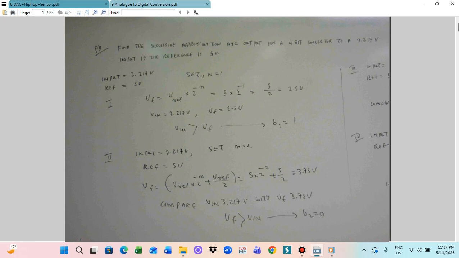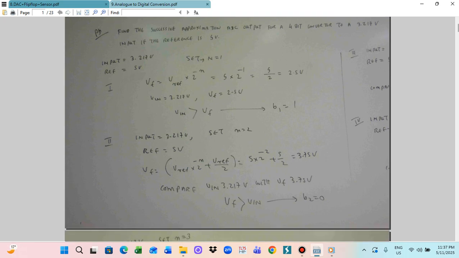Okay, we got it. Then for the second condition, you set n equal to 2. The input voltage stays at 3.217 volts, and the reference is 5 volts. For n equal to 2, you also need to calculate the reference voltage affected by the number of bits, using the formula V reference multiply 2 power minus n plus V reference divided by 2.